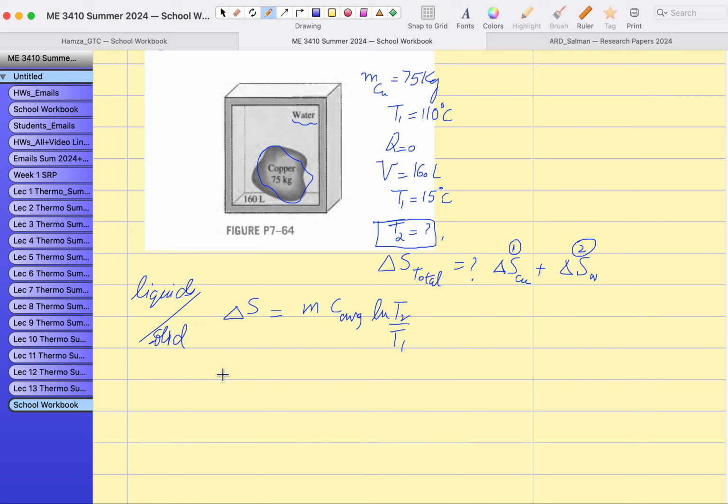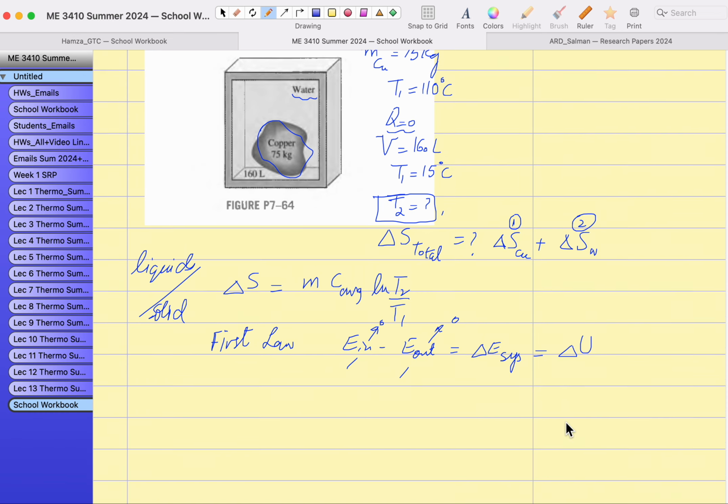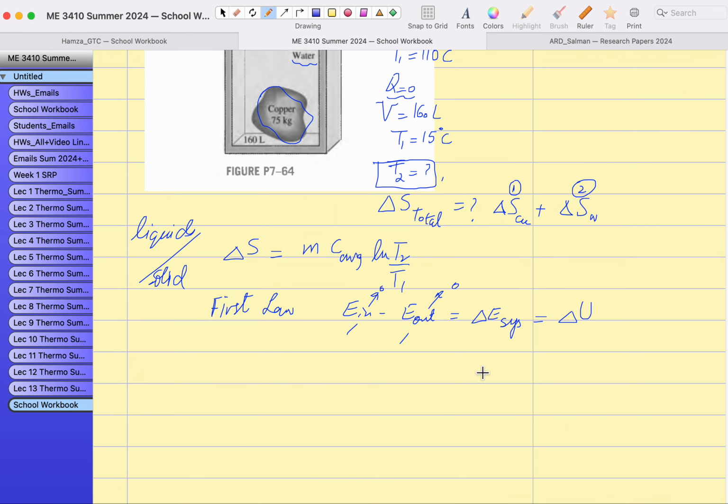Using the energy balance, the first law of thermodynamics: energy going in minus energy coming out equals the change in energy E. There is no energy going in, no work output, so this is 0, and no energy coming out. So this equals delta U, because the water and the copper change internal energy.